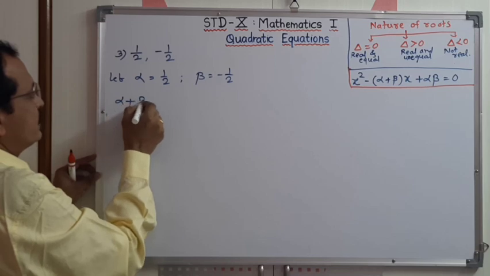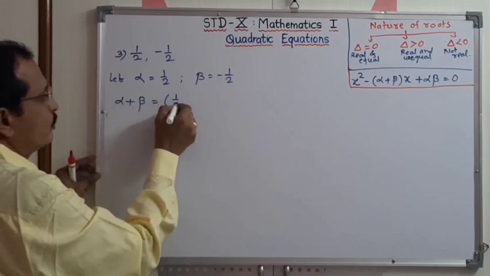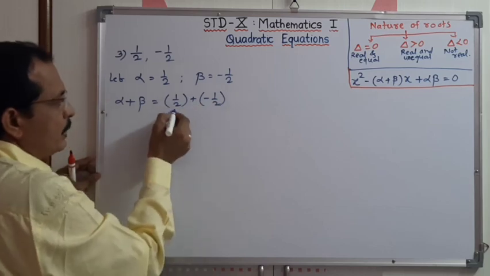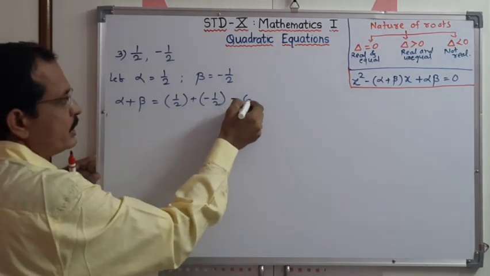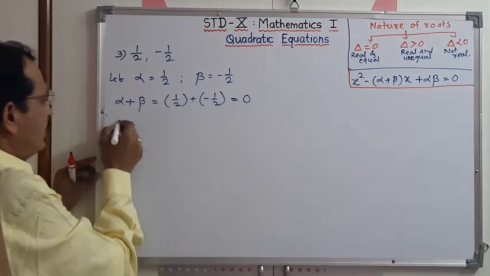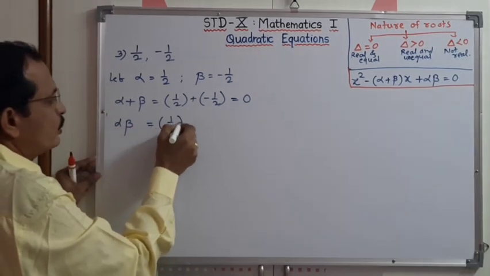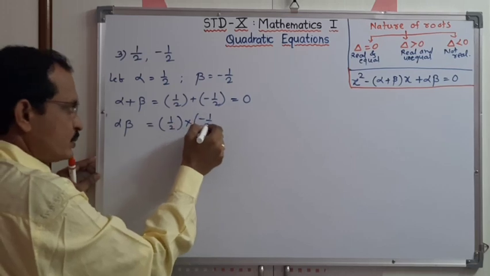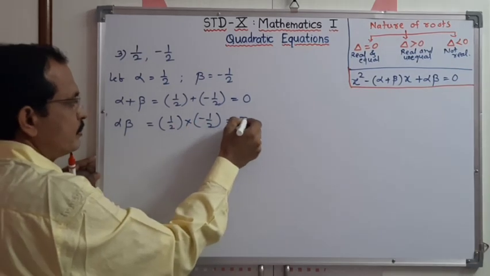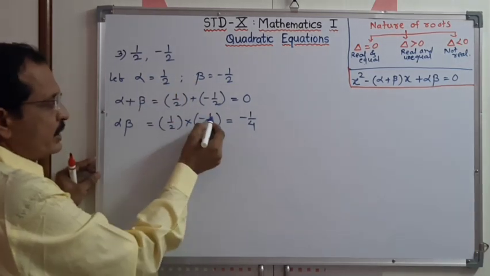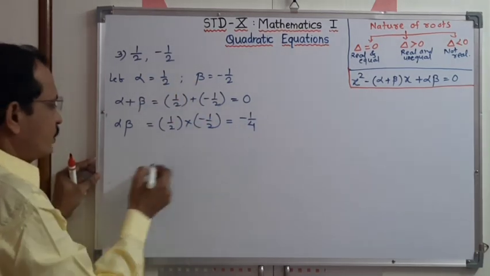Alpha plus beta is equal to 1 upon 2 plus minus 1 upon 2. Plus 1 upon 2 minus 1 upon 2, it is 0. And alpha into beta is equal to 1 upon 2 into minus 1 upon 2, it is minus 1 upon 4. 1 into minus 1 and this 2 into 2, it is 4.